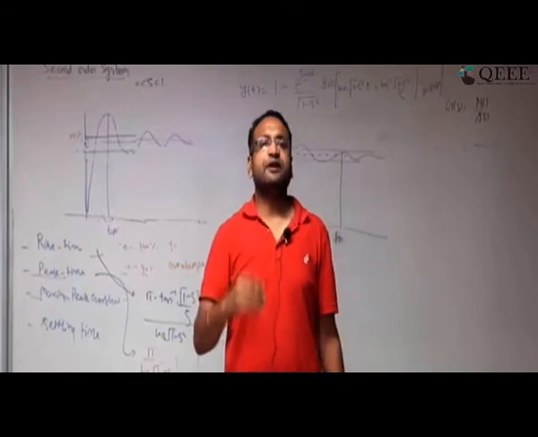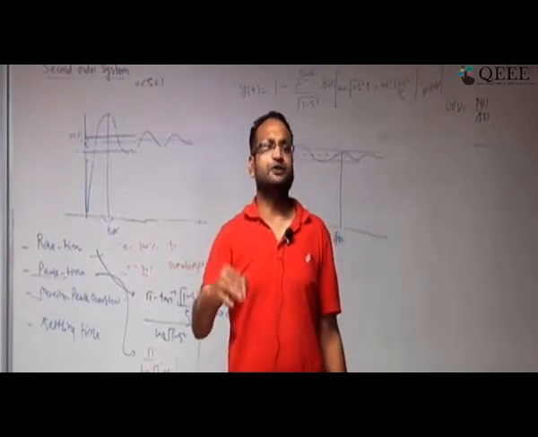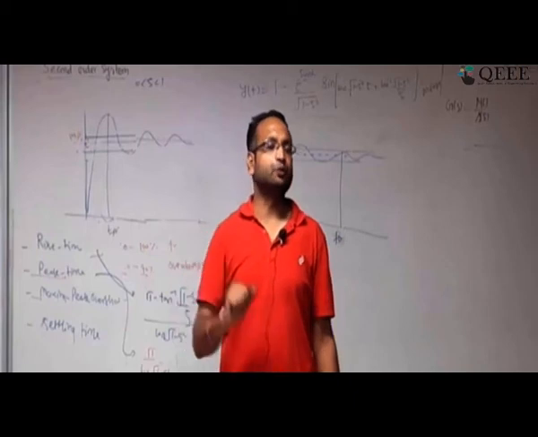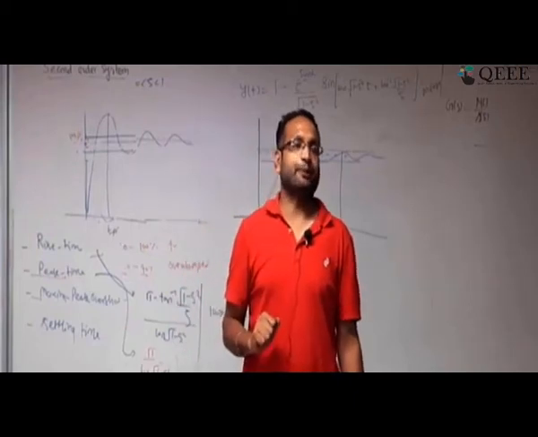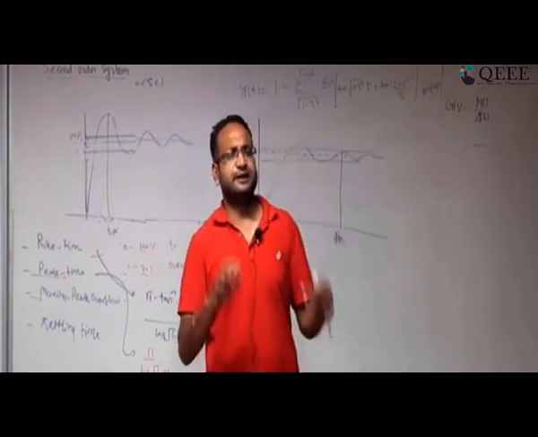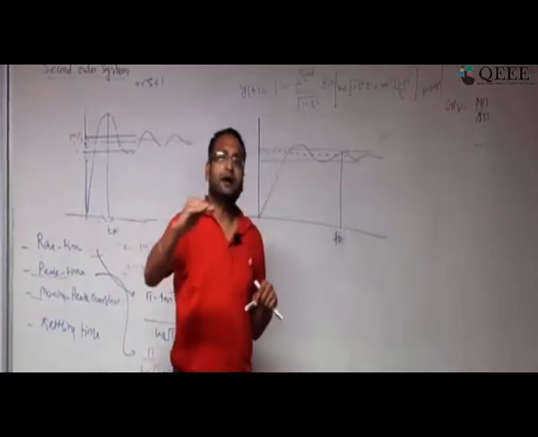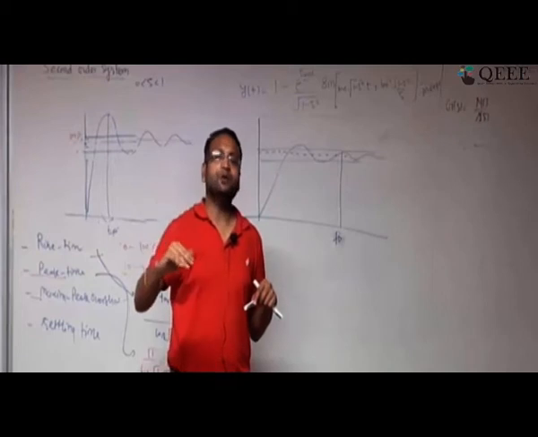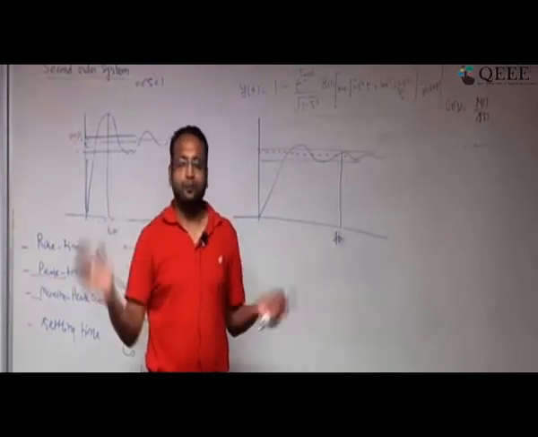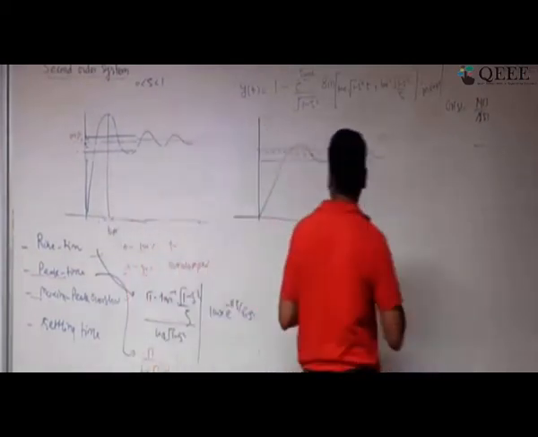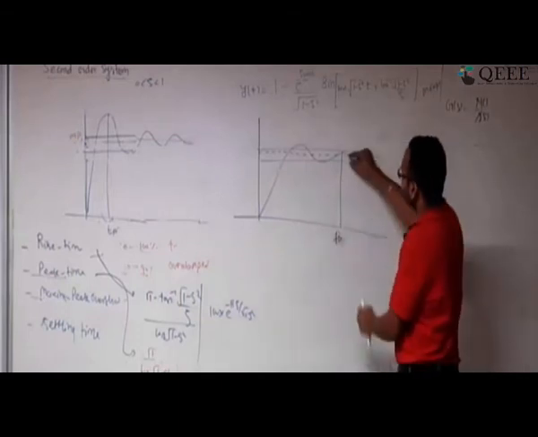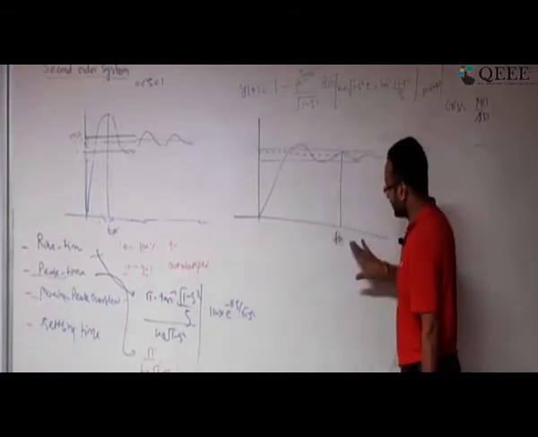If you are reaching a value of 0.98 or 1.02, it is acceptable to me. It depends on the application, but in some applications I am interested in reaching a steady state value not exactly but within a tolerance. That is where settling time plays a role. So I am interested in finding this time. This part is clear.